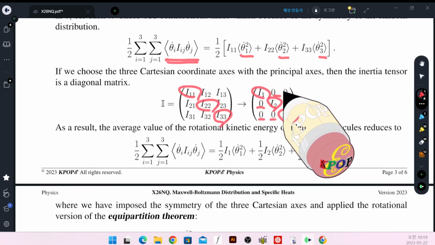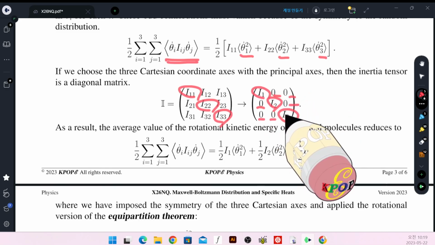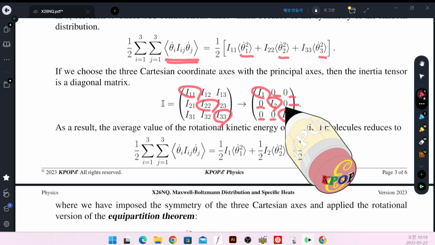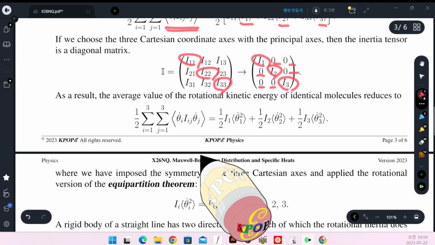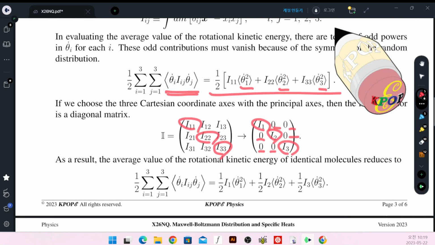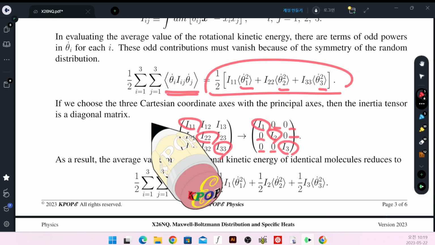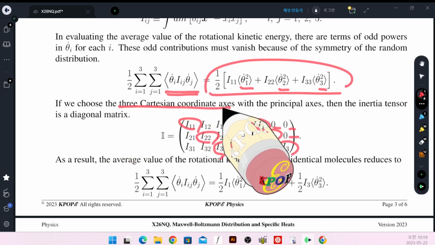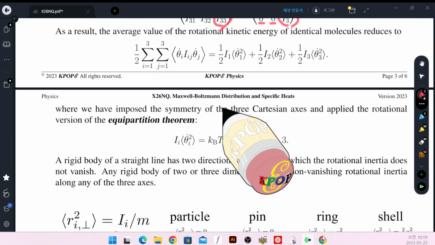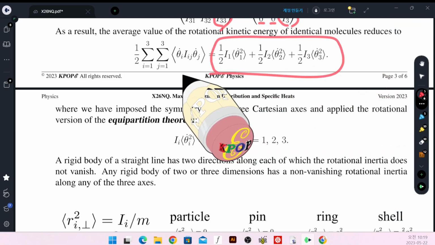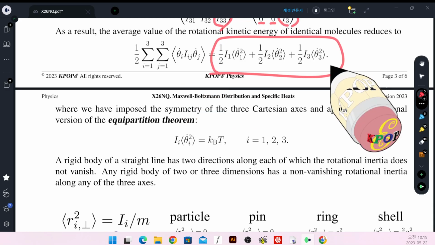We call these the principal values of rotational inertia. Therefore, this is a general expression, but if we choose a best Cartesian coordinate system that overlaps with the principal axes, then the kinetic energy of a rigid body of molecules will be expressed in a compact way.